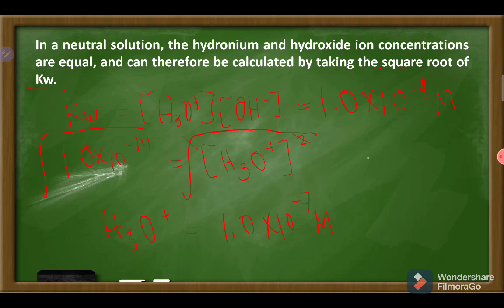Since the hydronium ion is equal to the hydroxide ion, the hydroxide ion is also equal to 1.0 times 10 raised to negative 7 molarity. So that is the solution for getting the values of the hydroxide and hydronium ion when the solution is neutral.